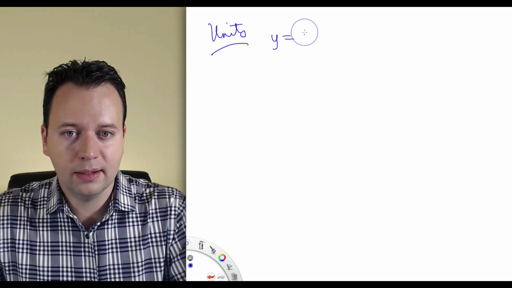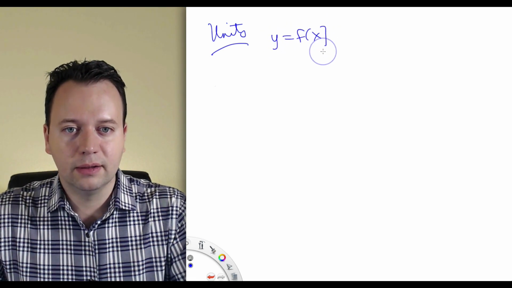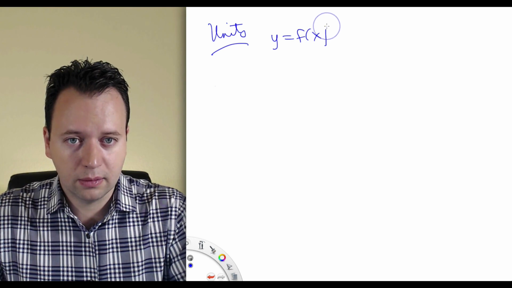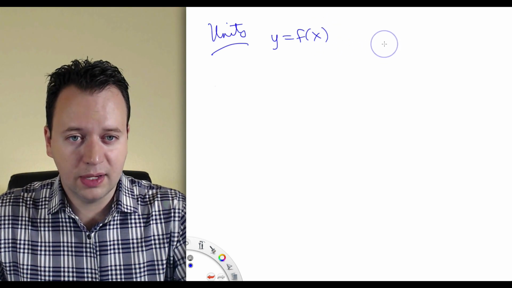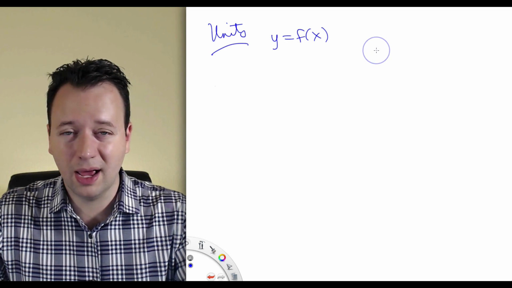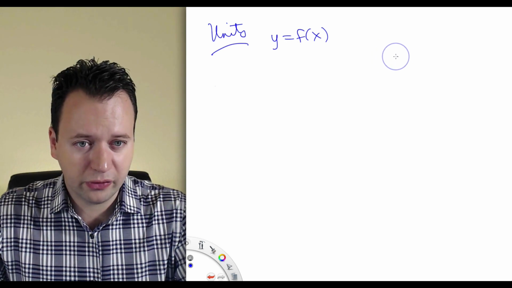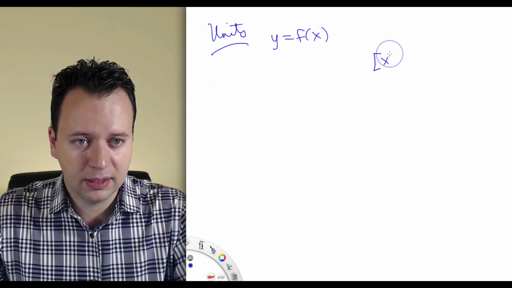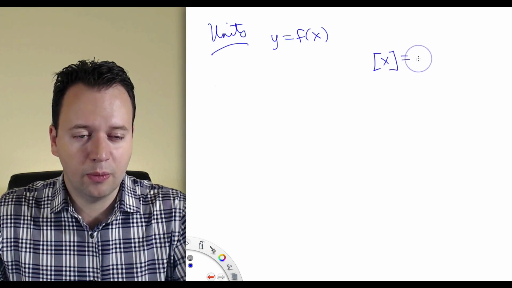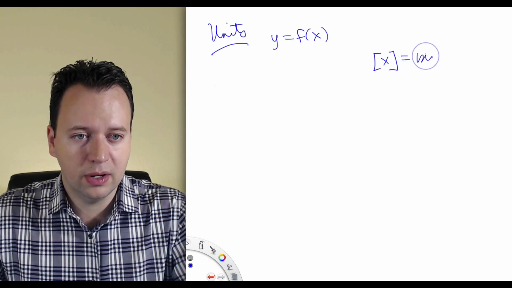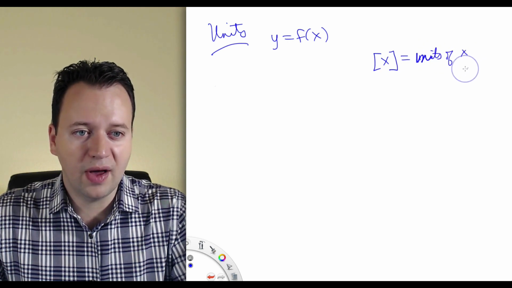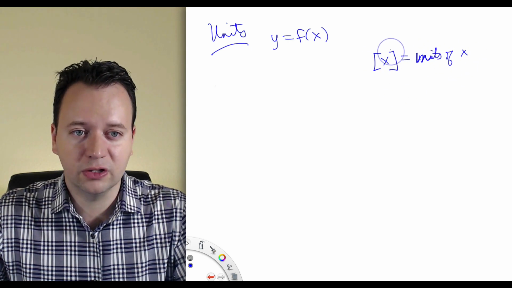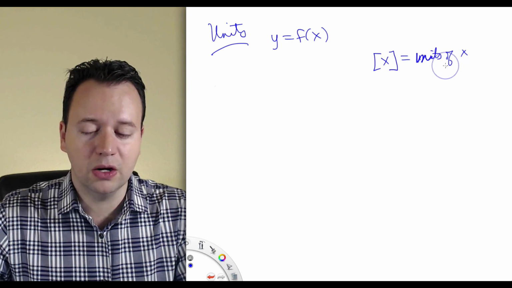So y is equal to f of x. I'll use a notation just for shorthand that I use just a few times when I'm talking about units. I'll use this square bracket to represent the units of x. So if x is in meters, we would have the square bracket around x is equal to meters.